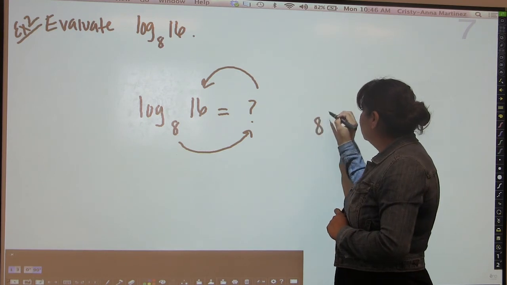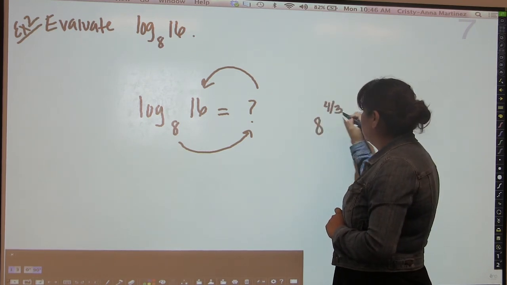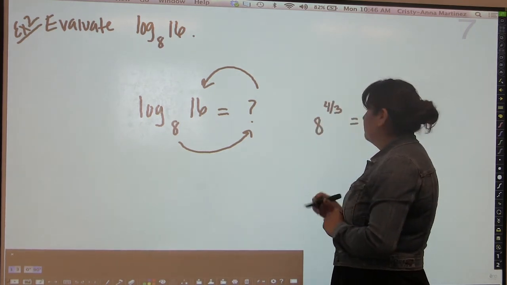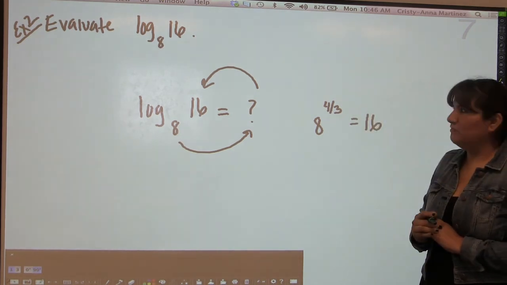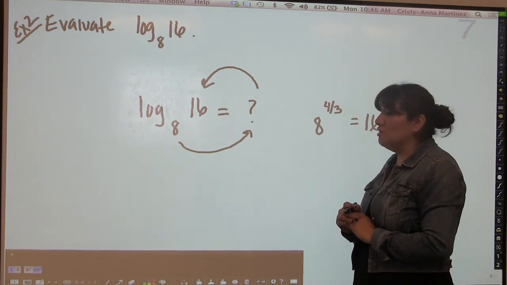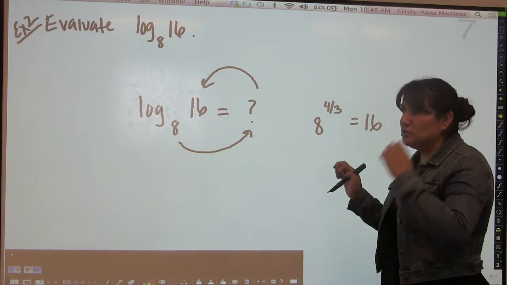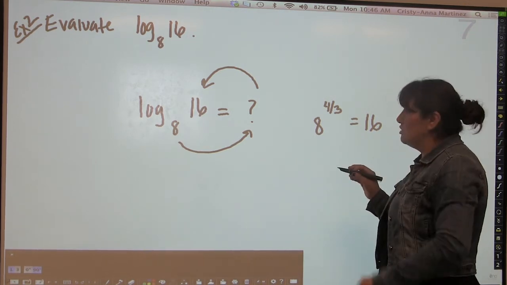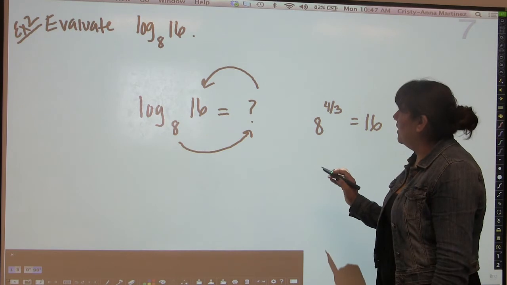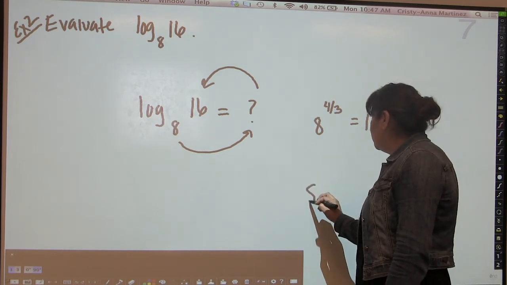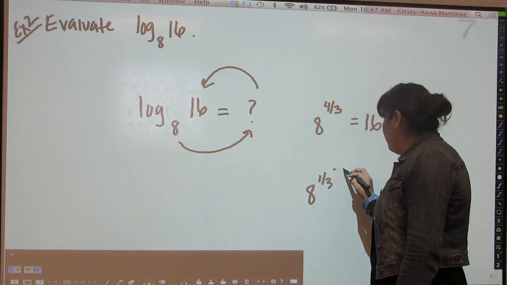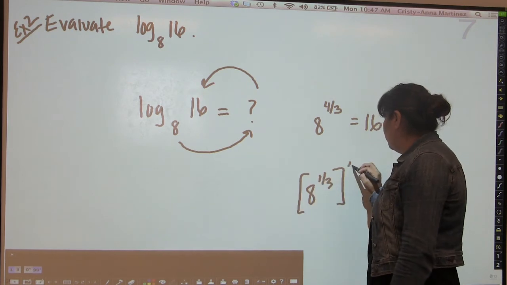So 8 to the 4/3 power equals 16. In other words, if you remember your exponential functions, that's going to be 8 to the 1/3 power and then to the 4th. Yes or no?